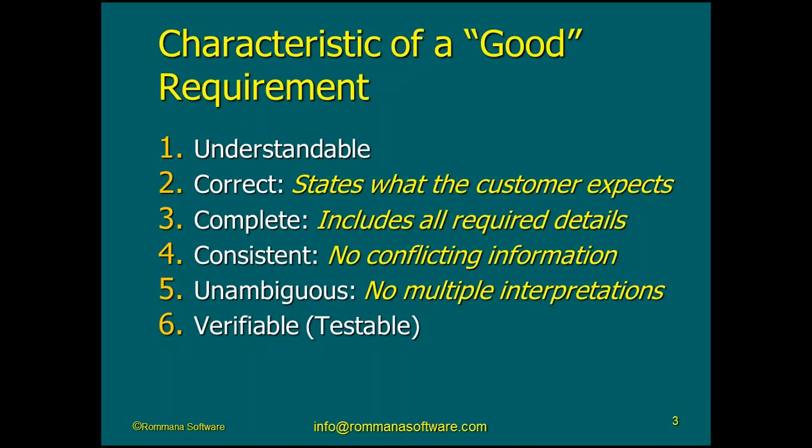When there is a contradiction between parts of the same requirement, we call it internal inconsistency, and if the contradiction is between the requirement and another requirement, we call it external inconsistency.